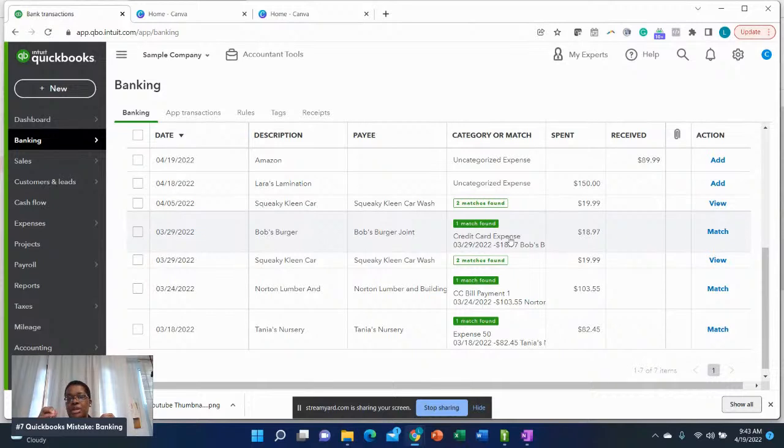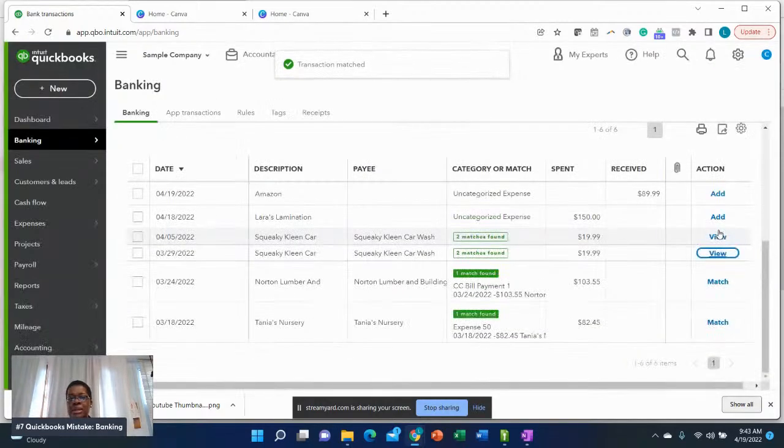When you're matching, you want to make sure it's the same vendor and the same amount, because there could be another vendor with $18.97. So that's what match means: there is a QuickBooks transaction and a bank transaction, they mirror each other, and you can hit match.